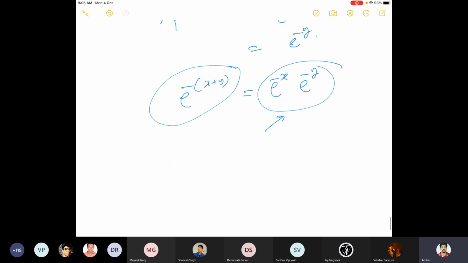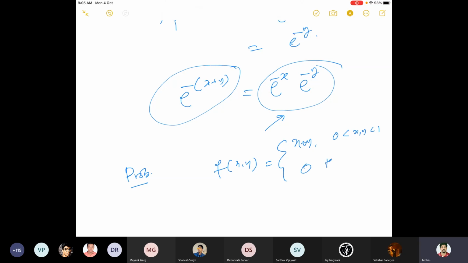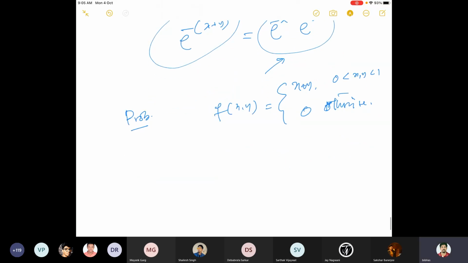Let me give you an example. Let's say f(x,y) is x plus y, where x and y are between 0 and 1, and 0 otherwise. Now, are x and y dependent or independent?